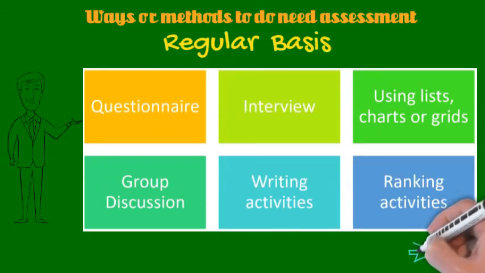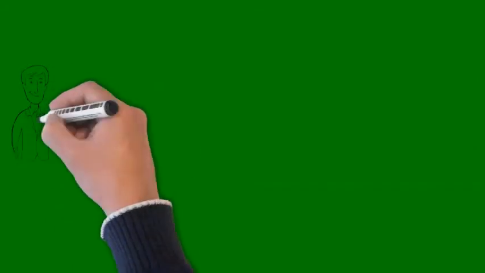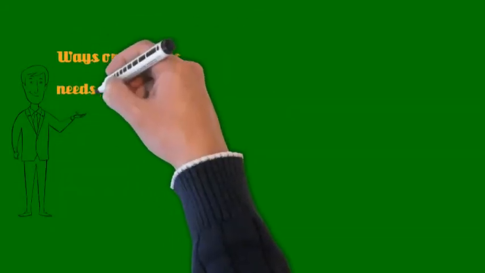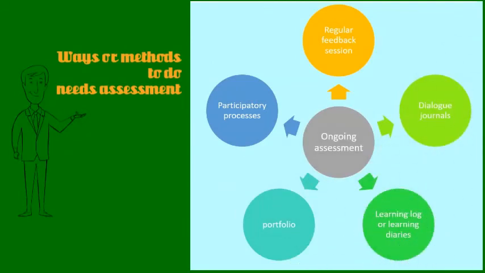Besides regular need assessment, there's also an assessment that is not regular one. It is an ongoing assessment. Ongoing assessment can be done in five ways. The first is using regular feedback session, dialogue journal, learning log or learning diaries, portfolio, and participatory processes.